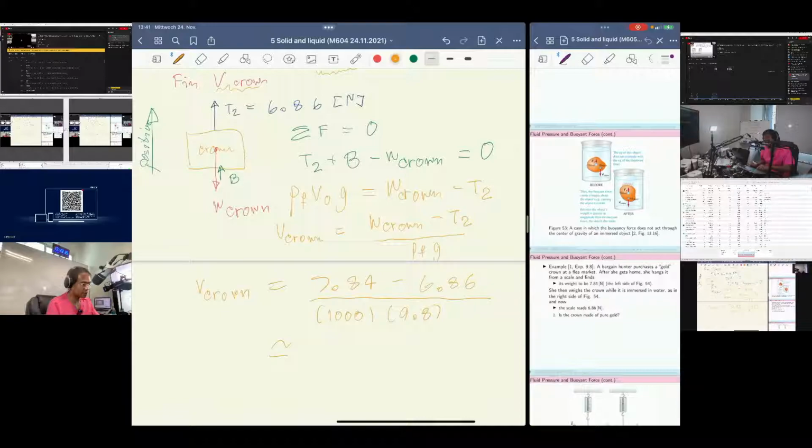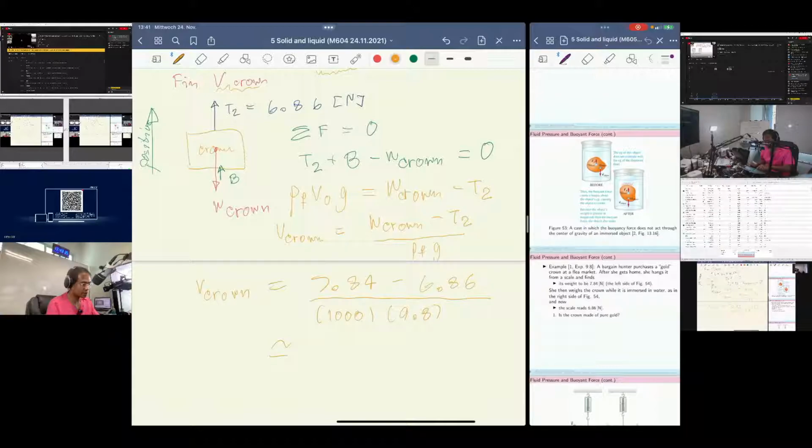The volume of crowd will be 7.84 minus 6.86 divided by rho, which is 1,000 kilogram per cubic meter, and the gravitational acceleration on Earth, 9.8.